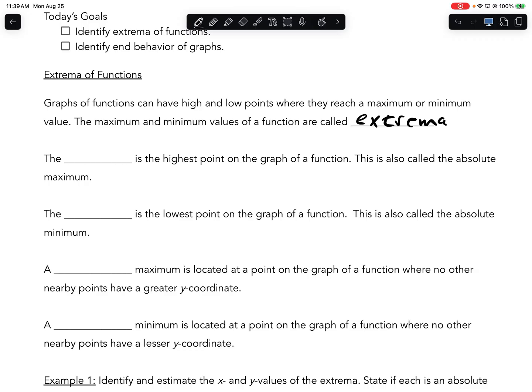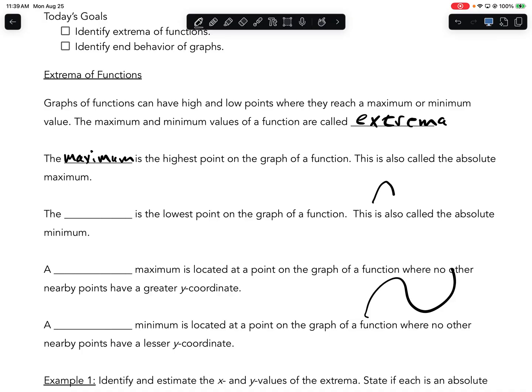Okay, the maximum is the highest point. Maximum is the highest point on the graph of a function. It's called the absolute maximum. So if it's an upside down parabola, there's a maximum. That's why it's absolute. If you have one that goes like this, then it has a relative max and a relative min.